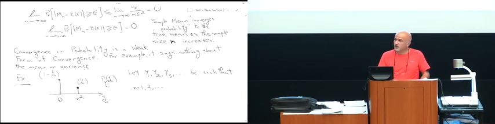The left lollipop, does that move with n? I'm not saying if its height changes. The height obviously changes. But does it move? No. So for every one of these random variables, with probability 1 minus the inverse of its index, it's going to take on the value 0. But what happens to the right lollipop?